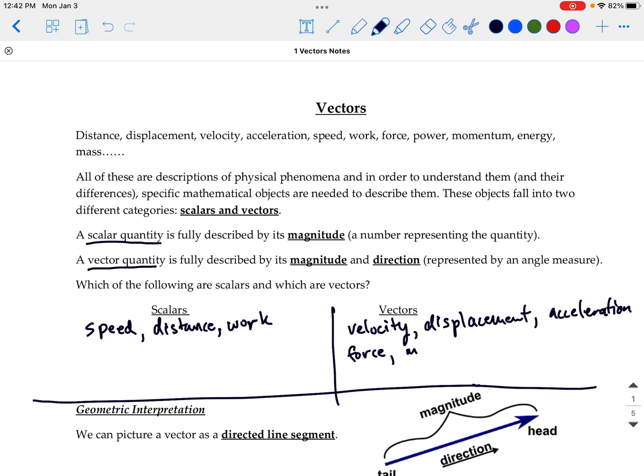Momentum is a vector, that's mass times velocity. Energy, potential and kinetic energy, those sorts of things, are scalar quantities, and mass is also a scalar quantity. The equivalent vector form for mass is going to be weight.